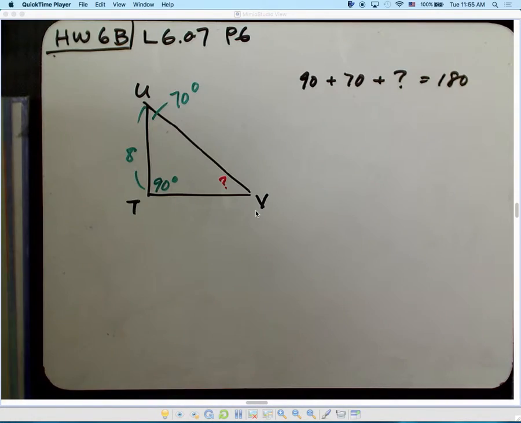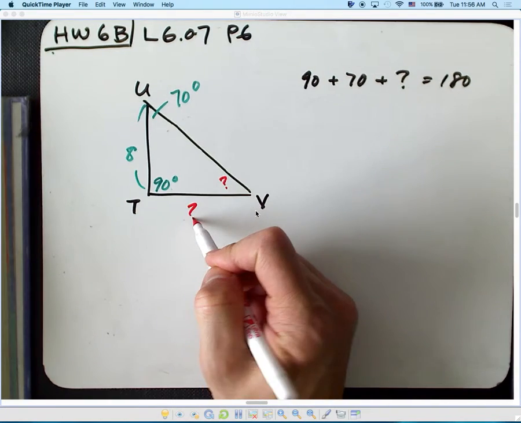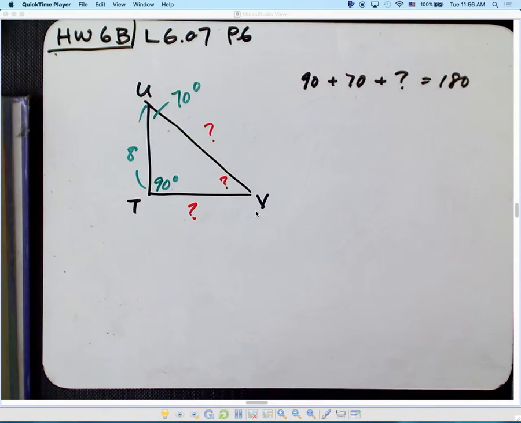We can find out the other, this guy and this guy, by using the trigonometric ratio. So the trigonometric ratio says, looking at examples on page 490, we can solve something like this.